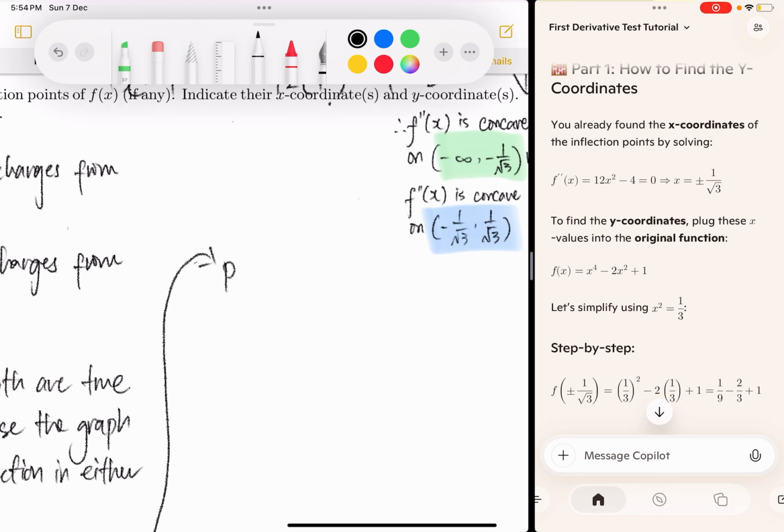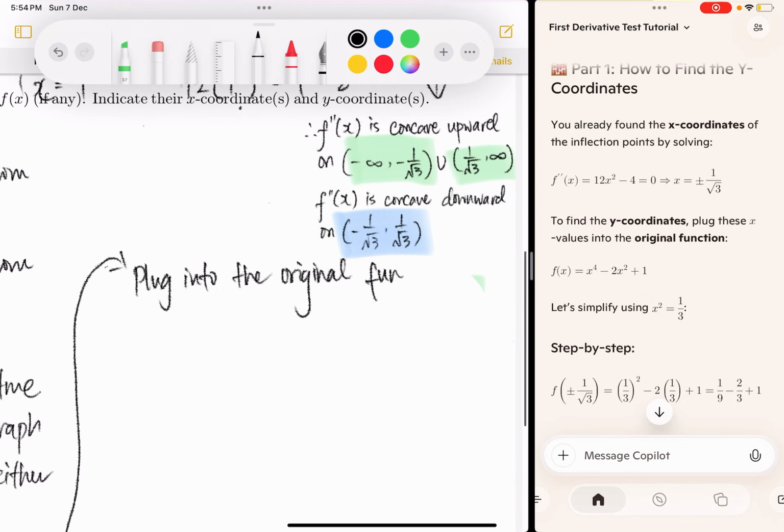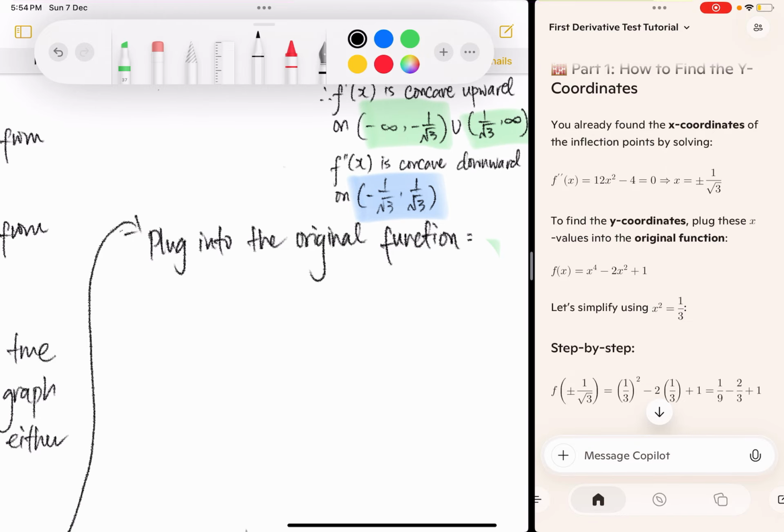Let's plug it in first, okay? Plug into the original function, which is f(x) equals x to the power of 4 minus 2x squared plus 1.